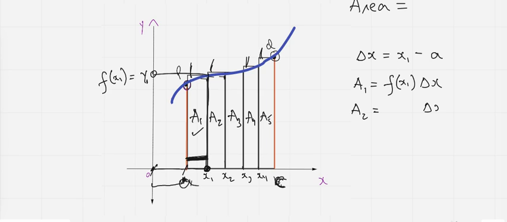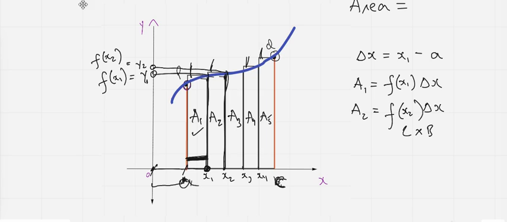Similarly, talk about the area of the second rectangle. This is the breadth of the second rectangle, and as far as the length is concerned, you just pick up this point and find its corresponding y coordinate, mapping somewhere here perhaps. So it is y2, and y2 is your f of x2, and f of x2 represents the length of your second rectangle. So this is going to be the area of the second rectangle, length into breadth.